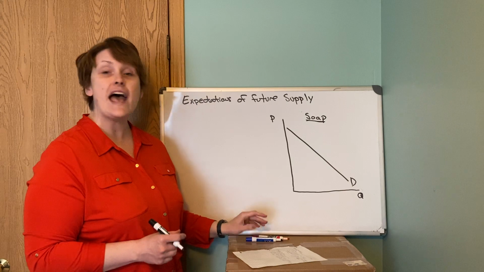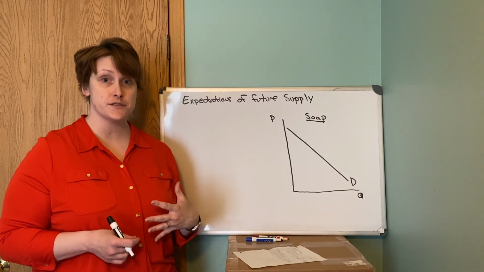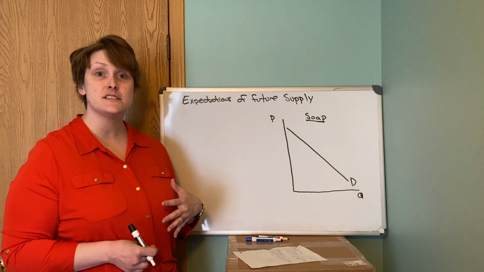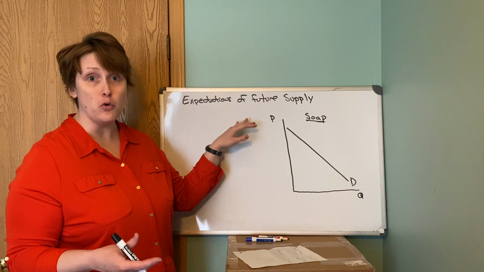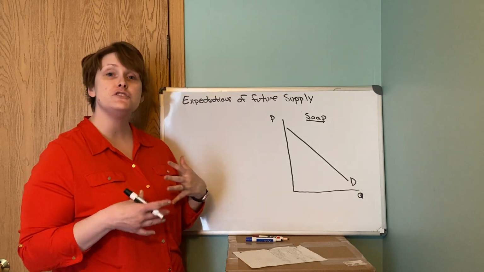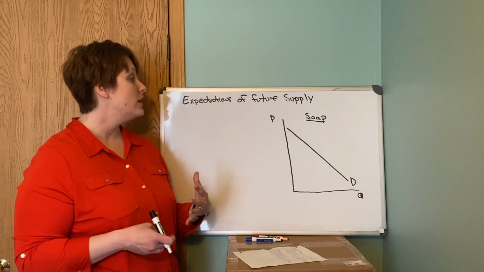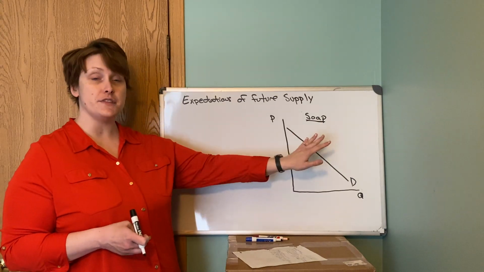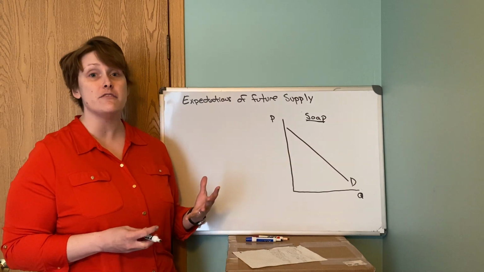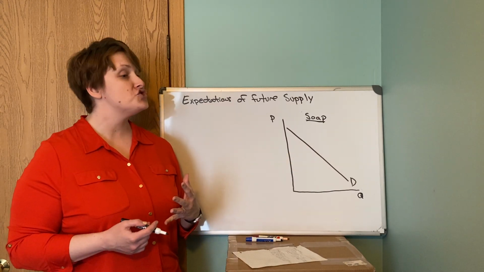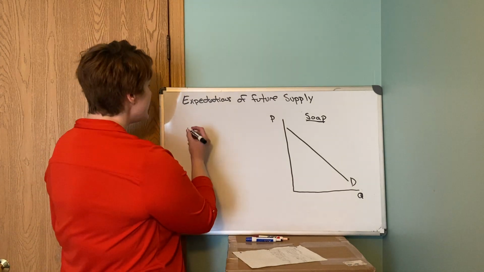So what happened when everything got crazy and people started to rush the stores? Our demand increased greatly. So now in shopping for soap, we're expecting a lot of that supply to be gone. So our expectation about the supply of soap in the future is that we won't have the soap that we want.